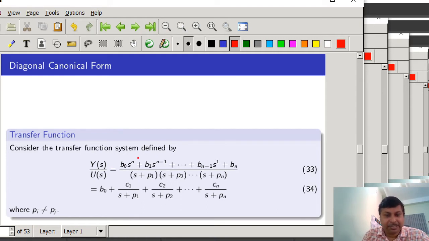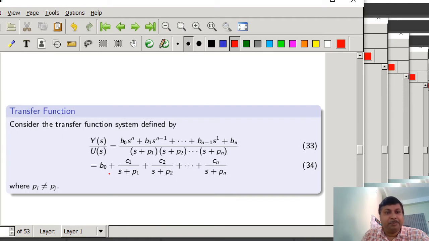Once it is written in the form of 33, using partial fraction expansion we can immediately write b0 plus c1 by s plus p1 plus c2 by s plus p2 plus cn by s plus pn, where c1, c2, cn are constants.